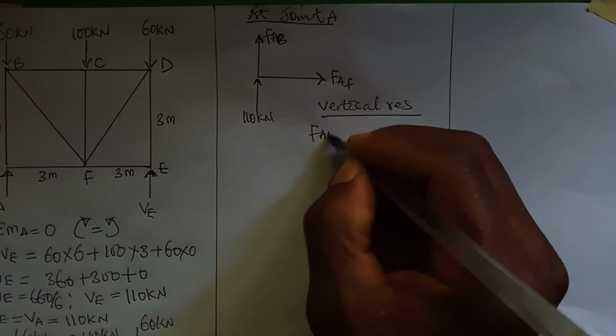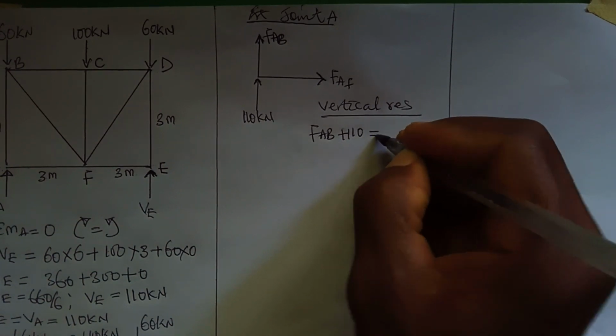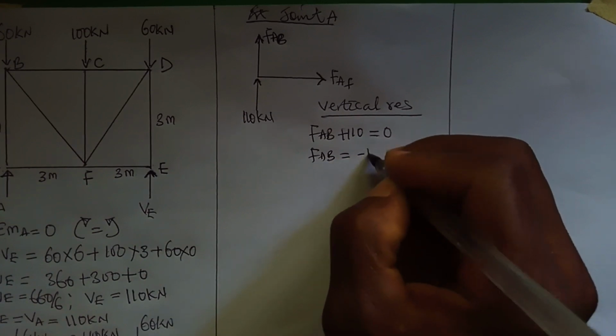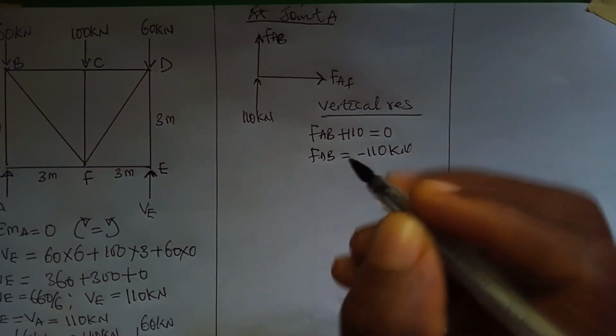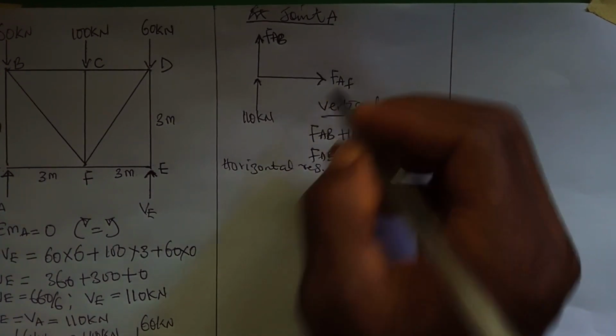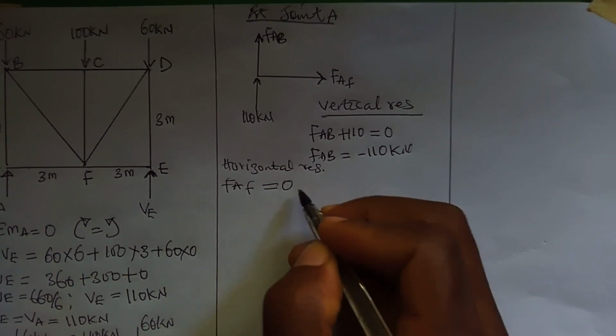So we have FAB plus 110, because they are moving in the same direction, is equal to 0. So FAB is equal to minus 110 kilonewton. Then we resolve horizontally. We have only one horizontal force, which is FAF, and it is equal to 0.